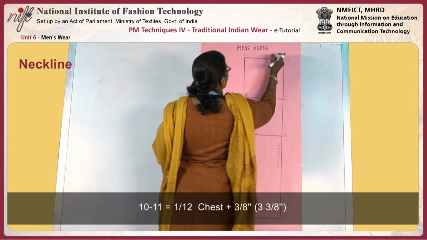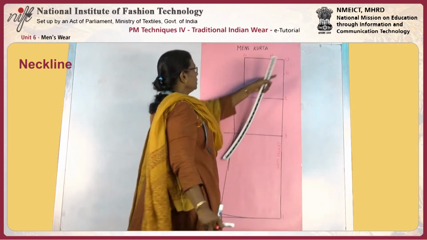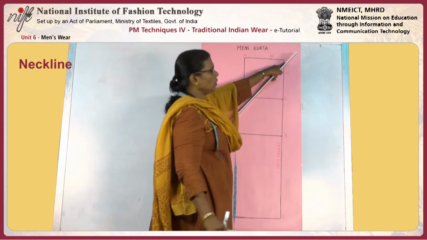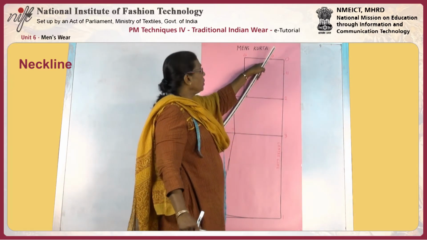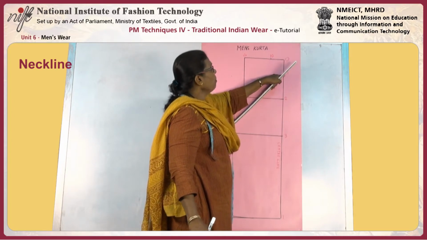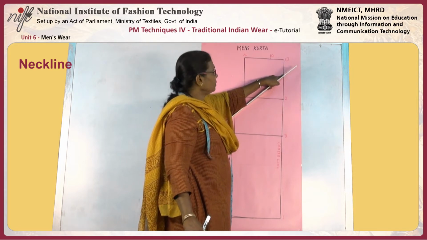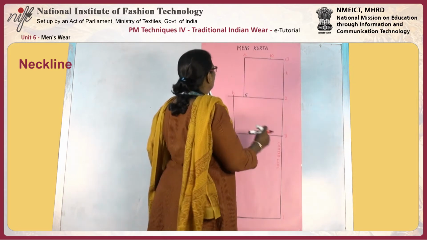So 10, 11. 0 to 10 is the neck width, 1/12 of chest, and the front neck drop 0 to 11 is 1/12 of chest plus 3/8 inch.